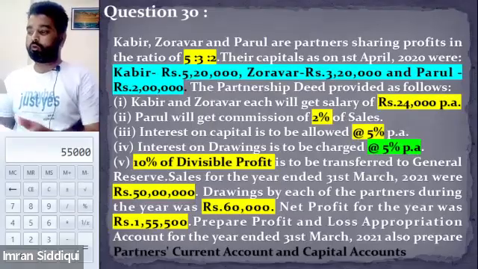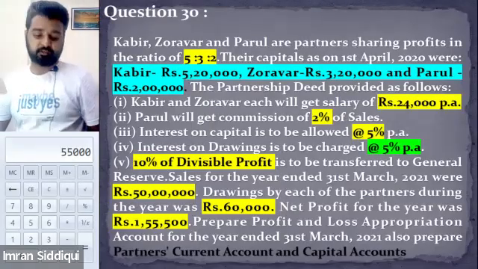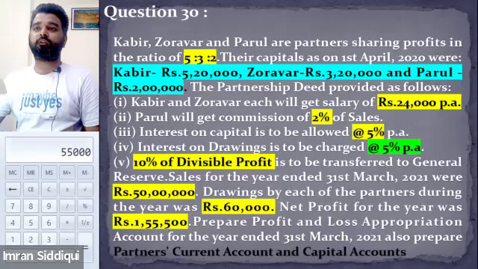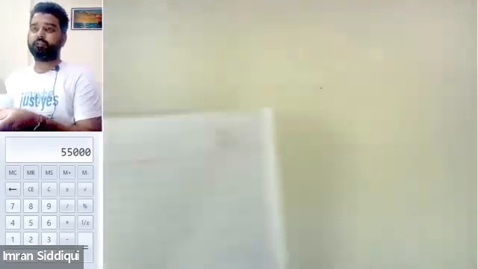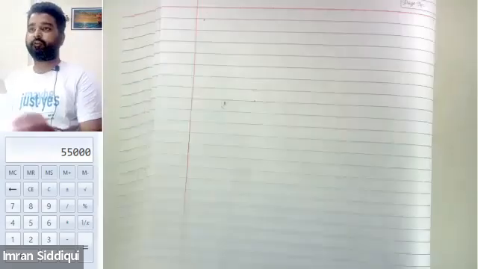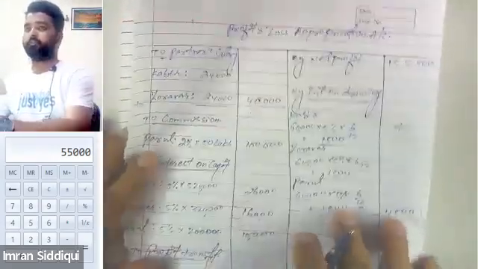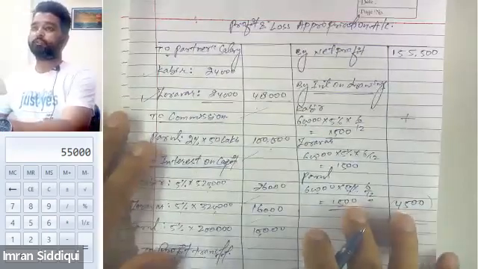All right, so let's prepare the partners' current and capital accounts in question number 30. See, if I'm not wrong, this was the P&L appropriation that we made for this question.